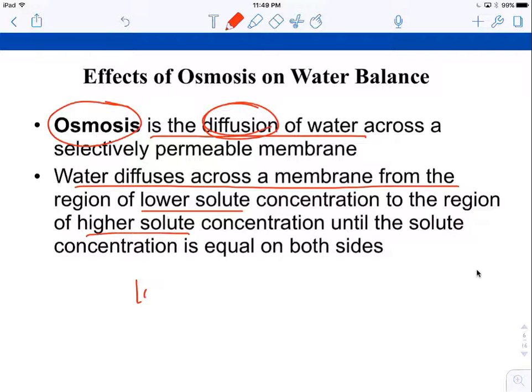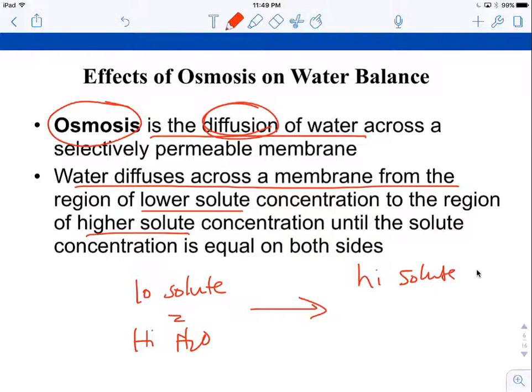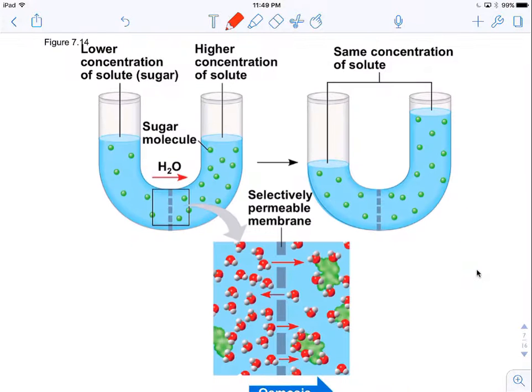So if I have low solute, that means high amount of water. Okay, and that goes towards high solute, which is a lower amount of water. Okay, so again, we're going down the concentration gradient, high to low with the water.